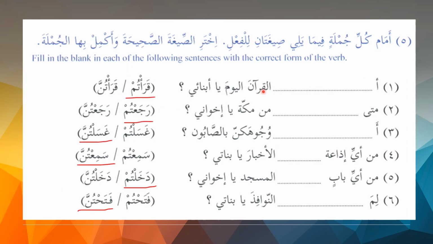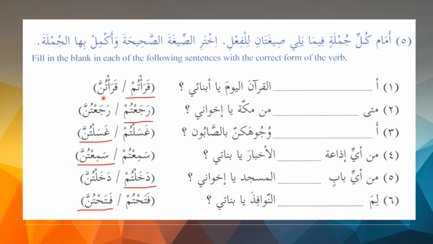Question number 5: here you need to choose the correct form of verbs attached with the correct pronoun. So, a dash al-Qur'ana al-yawma ya abnai. How will you know which verb you need to use? If you see ya abnai, it means you are addressing male plural, so you use the verb attached with the pronoun for male plural.